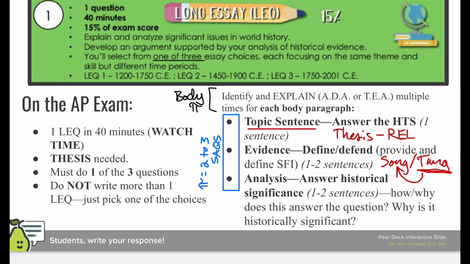So you could write about how that mandate of heaven answers the question by saying it uses religious aspects like the gods approve of the emperor's rule, and thus you need to stay in your lane and follow that particular emperor, versus when things start going poorly, this gives an opportunity to overthrow the ruling dynasty and replace it with a more effective government. Okay, so why would this be historically significant?